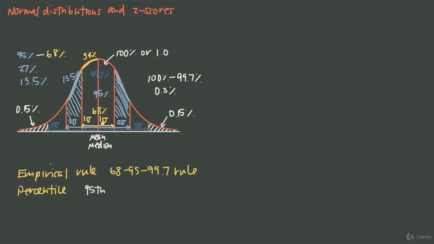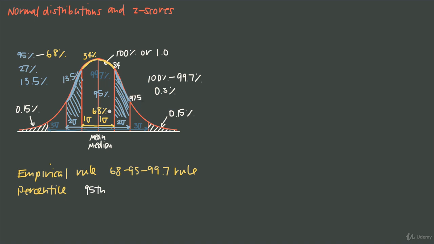So if we think about this for a second, here at the mean, we know that 50% of the area lies below or to the left of the mean. We know that this area right here is 34% because we calculated it right here. So 50 plus 34 gets us up to 84. We know that this area here is 13.5, so 13.5 plus 84 would be 97.5.